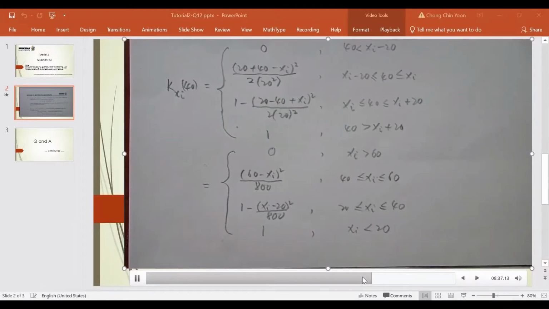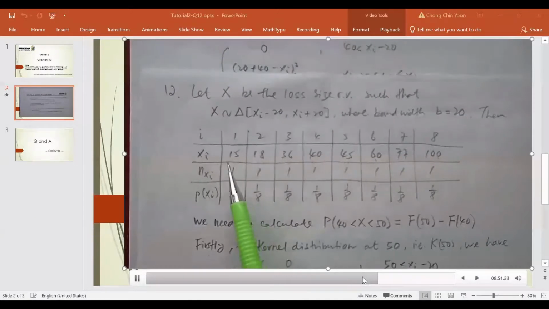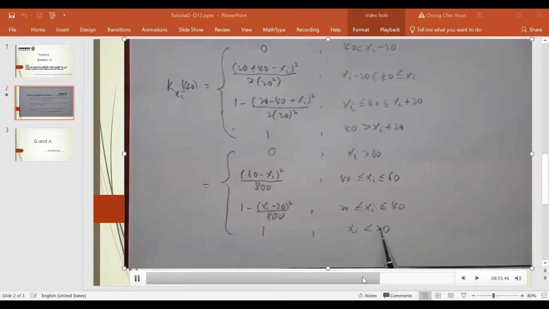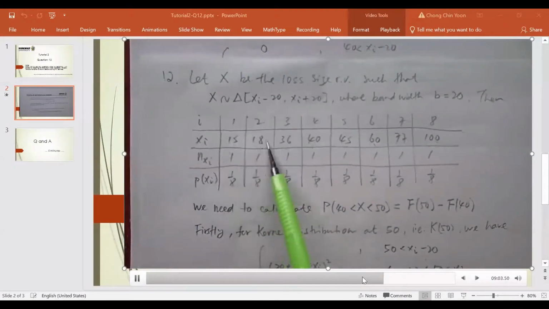So from this result here, we can see that all the values which are less than or equal to 60 will be considered. So in other words, we will consider all the data from 15 to 60. For this interval, the xi less than 20, we have 2 data.